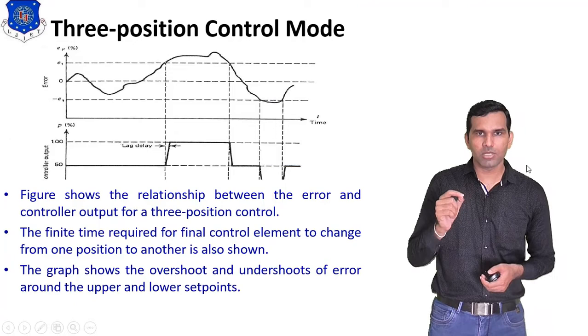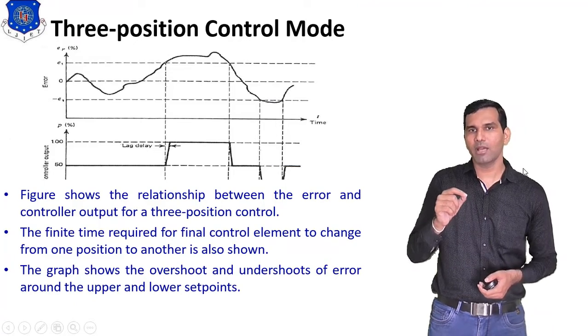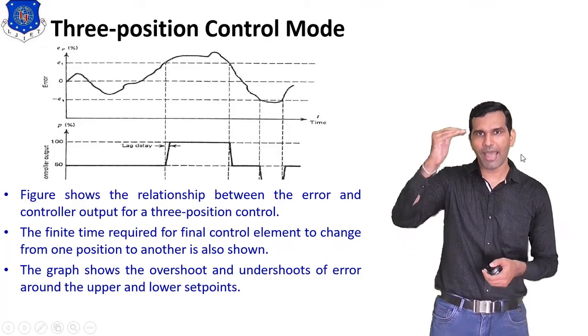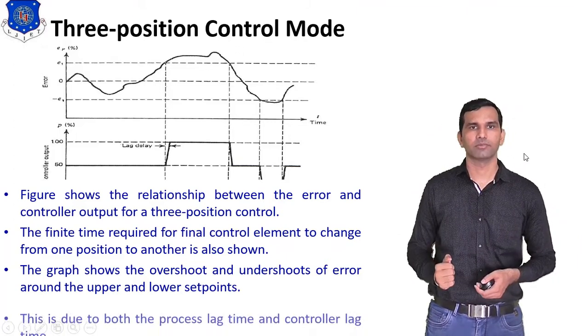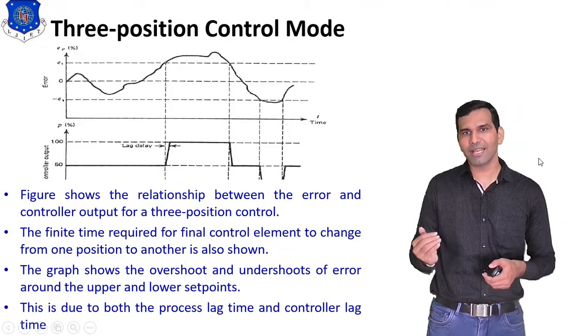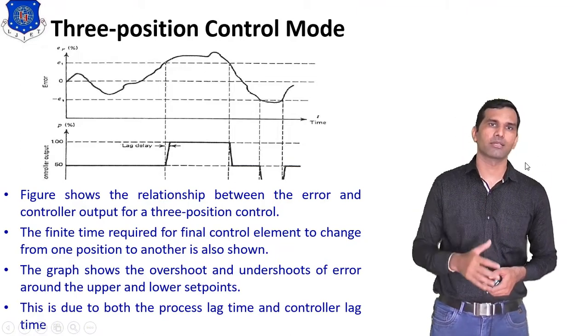The graph shows the overshoot and undershoot of error around the upper and lower set point. This is due to both process lag time and control lag time.